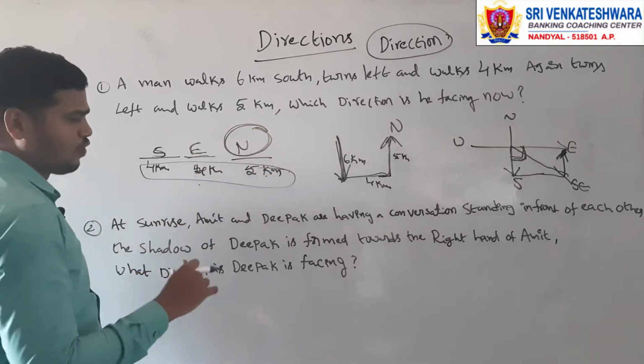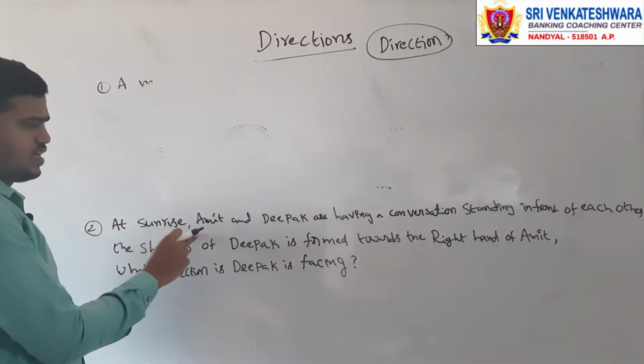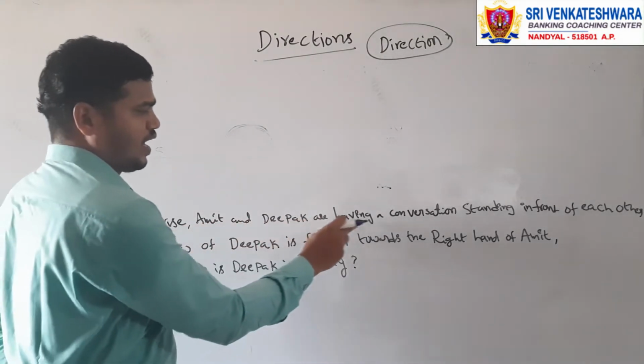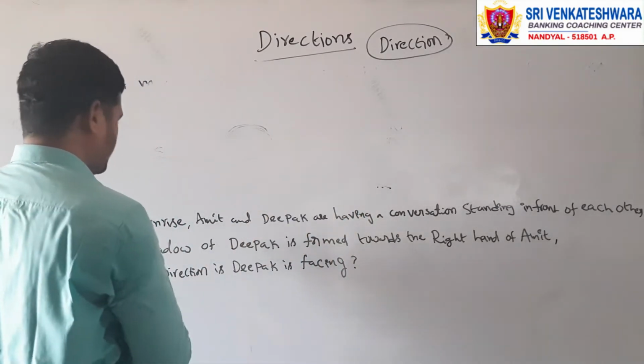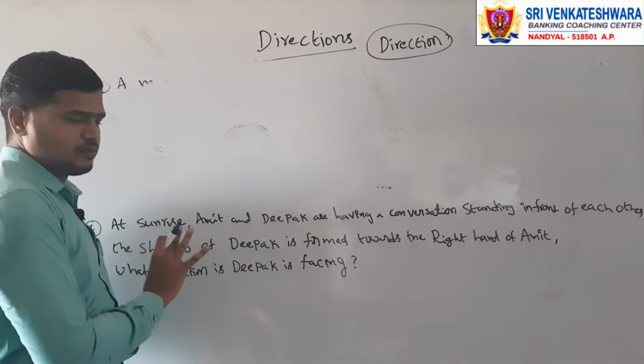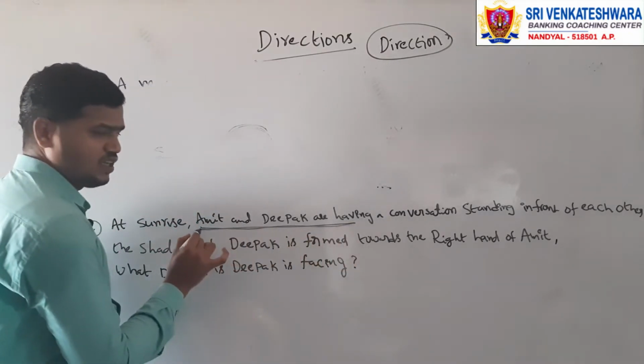Now we will go for the next problem. At sunrise, Amit and Deepak are having a conversation, standing in front of each other. They have not mentioned in which direction they are standing.